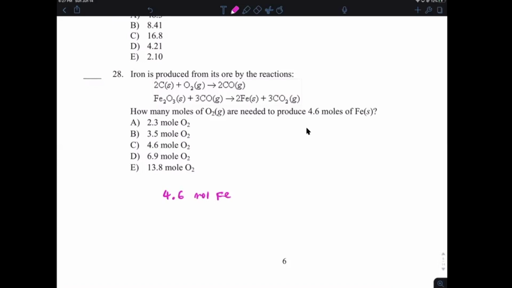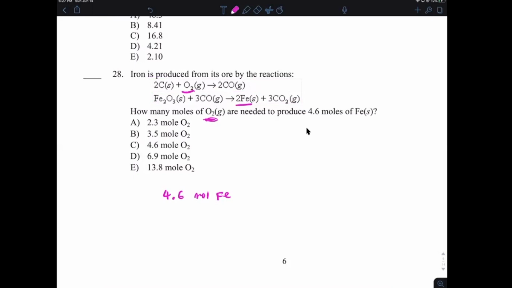And then from here, we're just given these two equations so we can convert from whatever we need to moles O2, because just from this equation, we can't convert from Fe to O2 because O2 isn't even in this equation. So we just have to use this other equation to get the right ratios. So we're starting with Fe and we want to end up with O2.